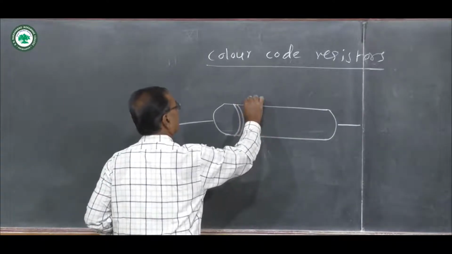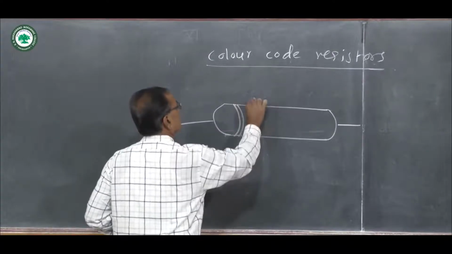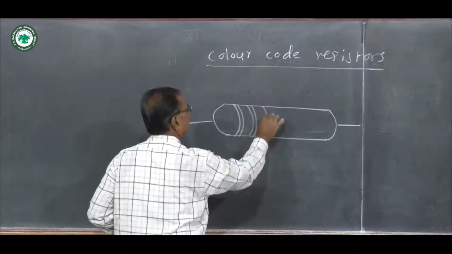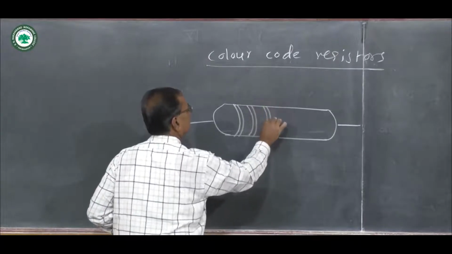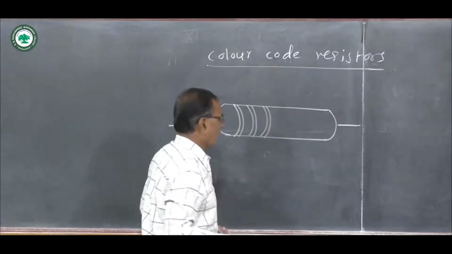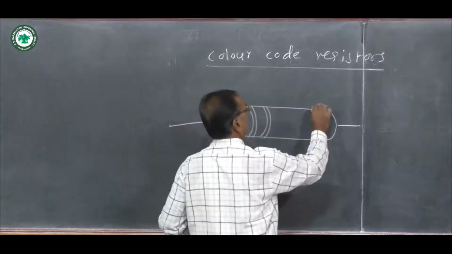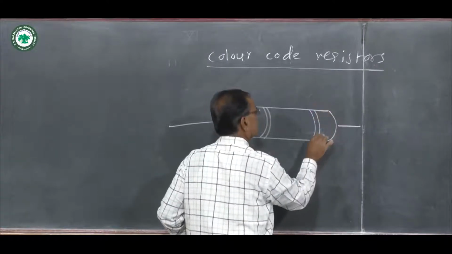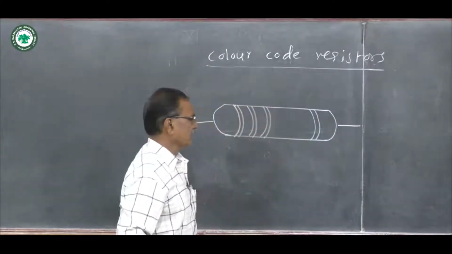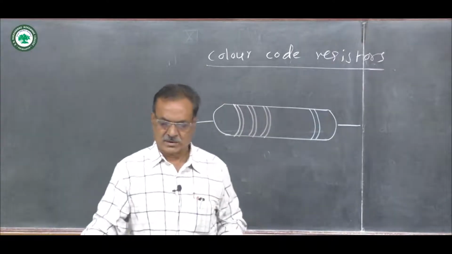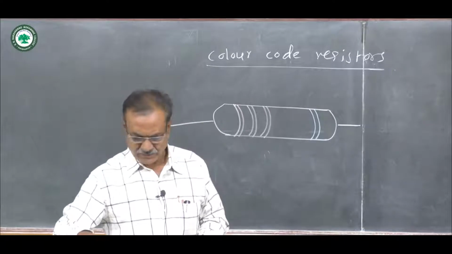Now this is one ring, this is another ring, and another is the third ring. And at the other end of the color code resistor there is a tolerance in percentage. So this color code denotes tolerance in percentage.